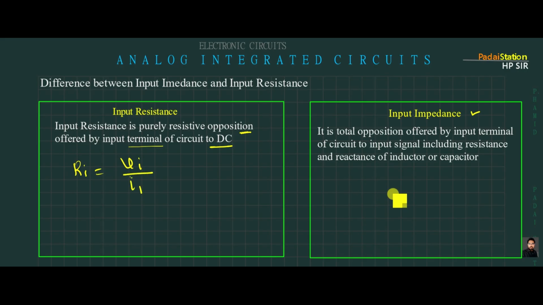Input impedance is denoted by Zi or Zin, which is equal to the real quantity R plus jX. What is X?